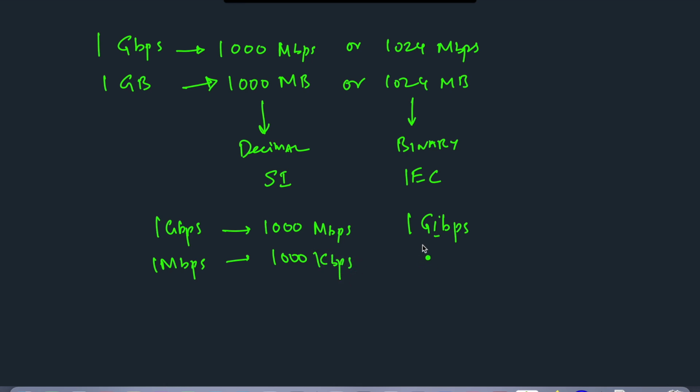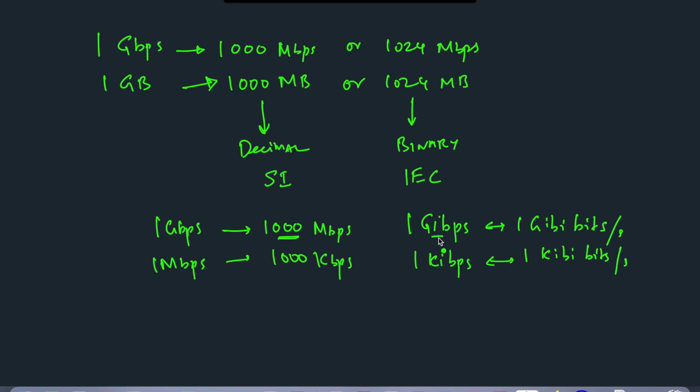If you want to represent them in the binary notation or the IEC standard, it is 1 Kibps, or 1 Gibps, giga in binary bits per second, or 1 Kibps, basically 1 kilo binary bits per second.